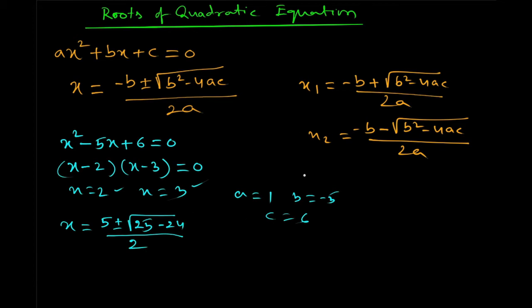So we get two roots: x1 is 5 plus root of 25 minus 24, that is 1, root of 1 is 1, so 5 plus 1 divided by 2, that is 6 by 2, that is 3. Similarly, x2 is 5 minus 1 divided by 2, so 5 minus 1 is 4 by 2, that is 2.